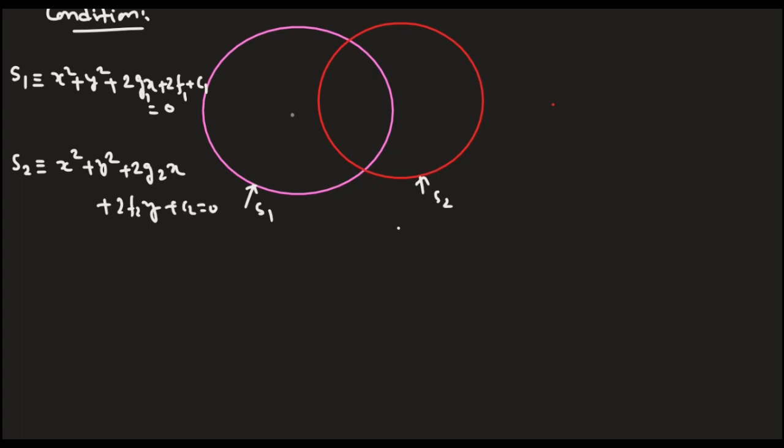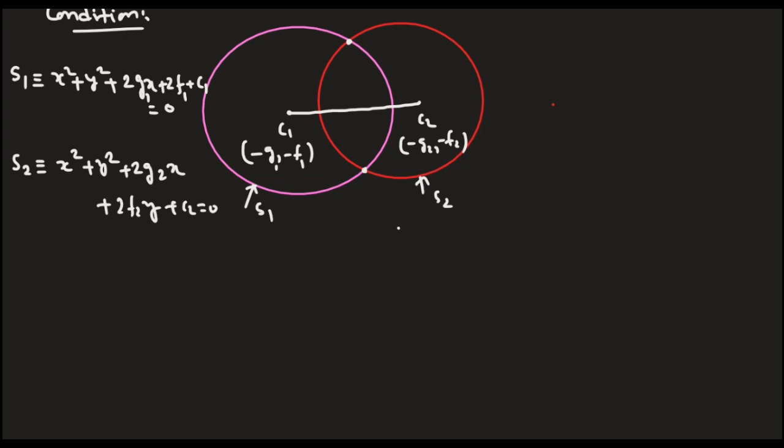They intersect at points A and B, and suppose this is the center of the first circle and this is the center of the second circle. If I join them, I get C1 C2. The coordinates of C1 are minus g1, minus f1, and the coordinates of C2 are minus g2, minus f2.